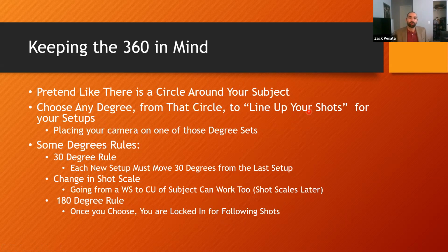The 30-degree rule is if you're filming the same subject and you want to get another setup to cover that subject, you need to move the camera at least 30 degrees in position to make that new shot different enough, so when you cut it together, it doesn't seem like a jump cut. You can also change the shot scale drastically. And this is also part of the 180-degree rule. We'll go back to the 180-degree rule later, so don't worry about that now.